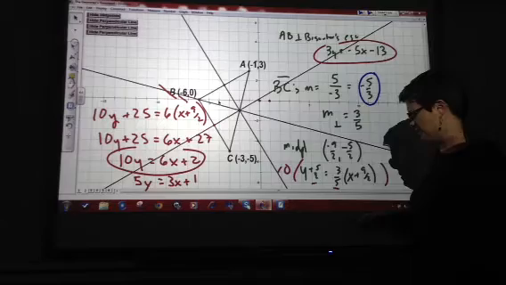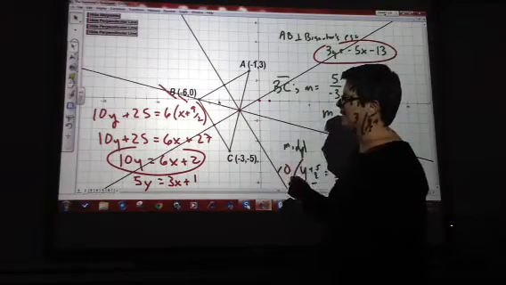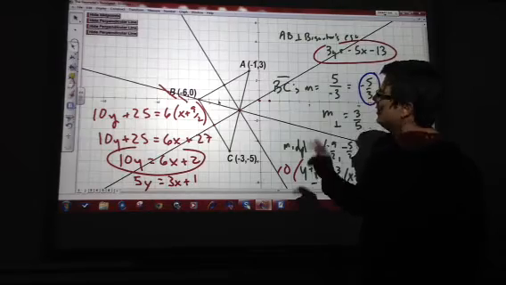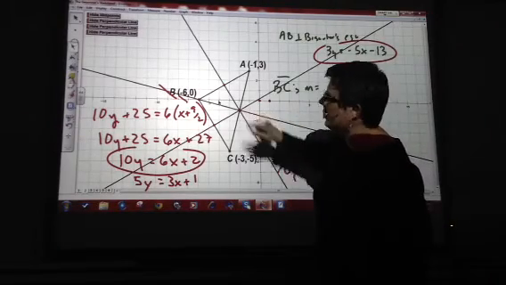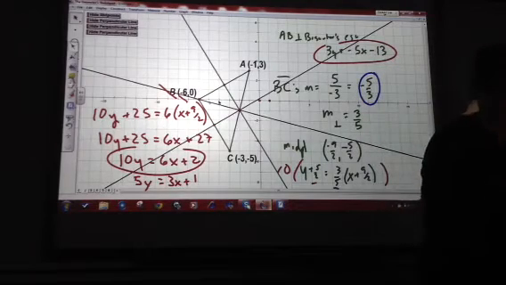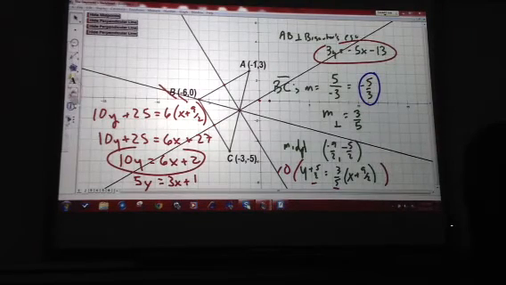Those are opposite reciprocals of one another, therefore we have a right triangle. When we have a right triangle, and you're not guaranteed you have a right triangle, the nice and interesting thing is that the circumcenter is on the midpoint of the hypotenuse of that right triangle.